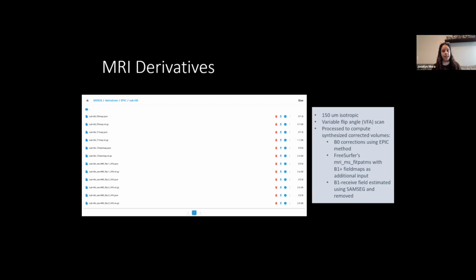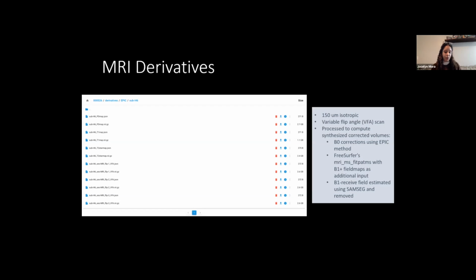And the way that that's done is using those raw echoes, which you can find in the raw data folder on our Dandiset. We undistort those echoes using the EPIC scripts, which we will also upload to the LCM GitHub, by inputting the B0 field maps and edge preserving prior. And then these B0 corrected undistorted echoes, as well as the B1 transmit maps, are used to estimate T1, T2 star, and PD with FreeSurfer's mri_ms_fitparms.